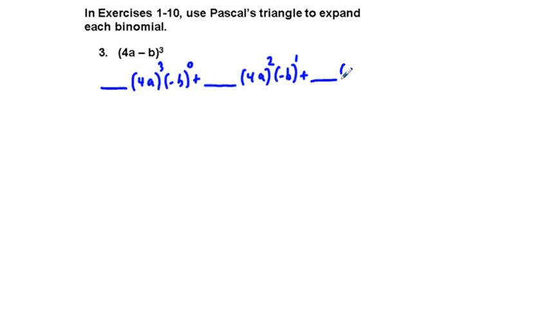We're going to have 4a to the first power, and we're going to have this negative b squared, and finally I think our last term is going to be some coefficient times 4a to the power of 0, and we're going to have negative b to the third power.